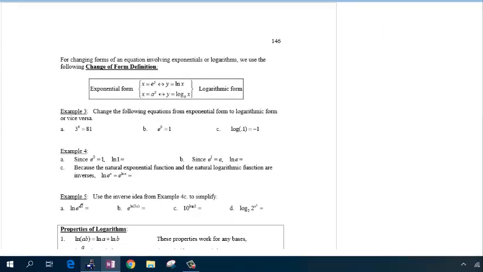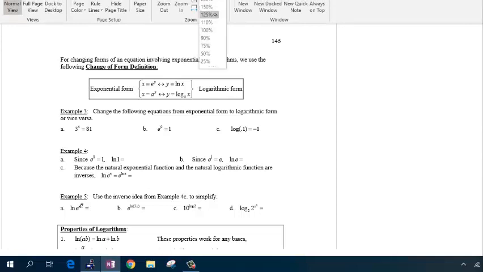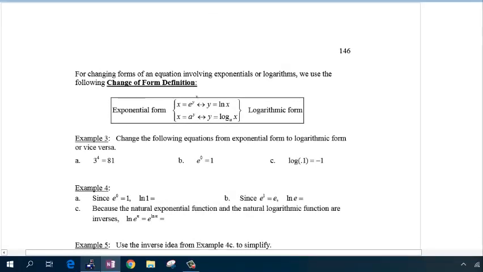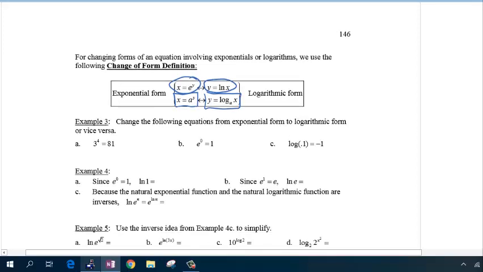Hopefully you also remember how to change back from the exponential form to the logarithmic form. I hope you remember this thing here is equivalent to this thing here, just different ways of writing the same thing. Generalized to any base a, you have any log base here too. So hopefully we can quickly do these examples as a review.